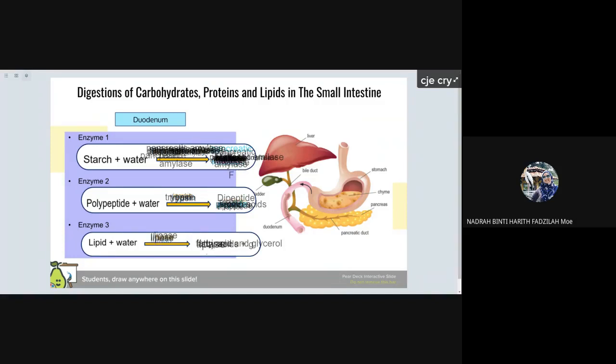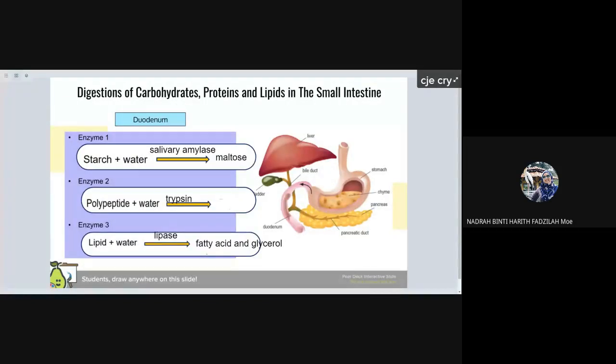Okay, good. So macam kita sebut tadi, kita tukar ya, pancreatic amylase, bukan salivary amylase. Pancreatic amylase digests starch to become maltose.